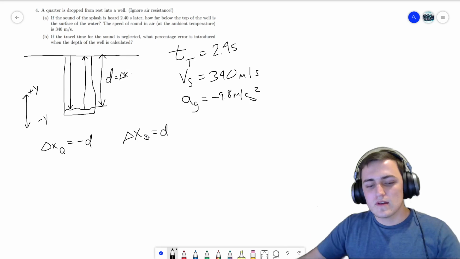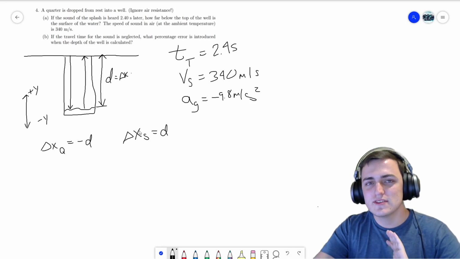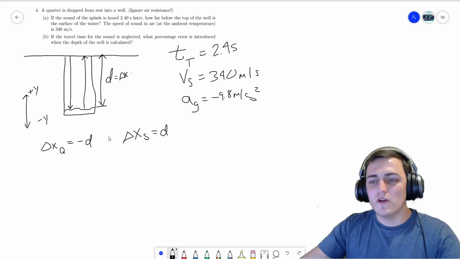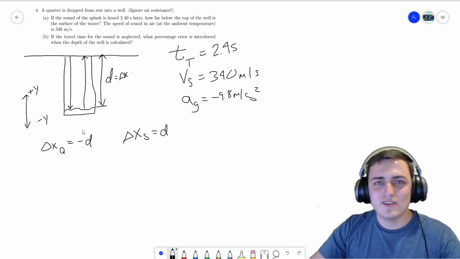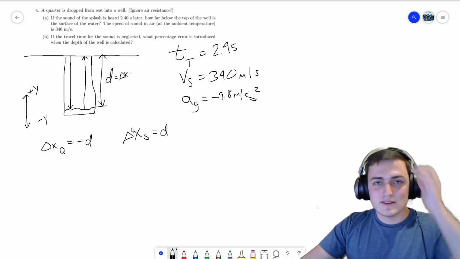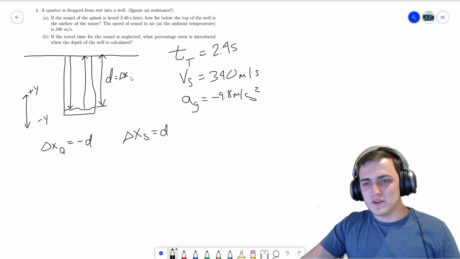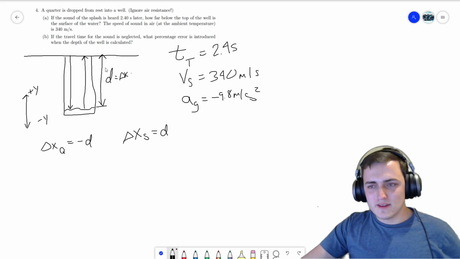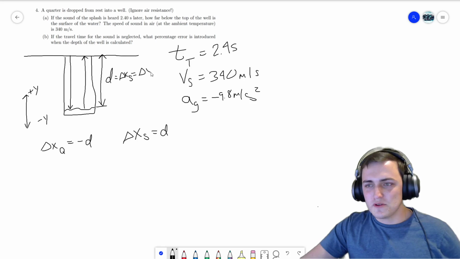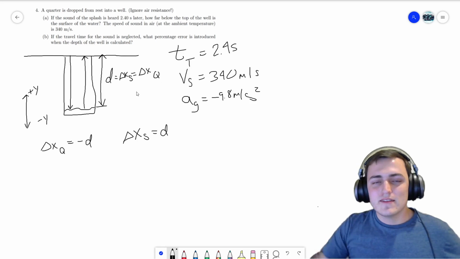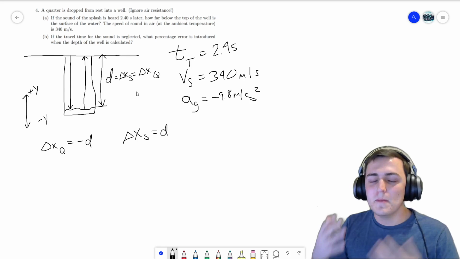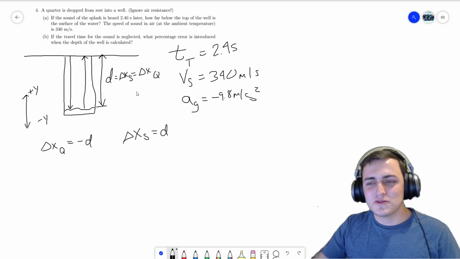But since they move in opposite directions, it becomes a little bit more convoluted, where one of these terms, the position of the quarter, actually travels a negative distance, and the sound wave travels a positive distance. Now, what can we say? We know that distance d is equal to delta x, but we can say it's equal to delta x sub s, which is equal to delta x q. These changes in position are equal in magnitude, but their signs are just a little flipped.